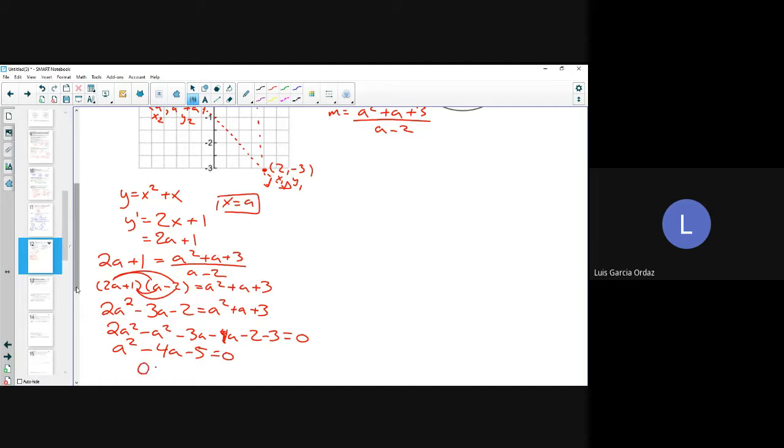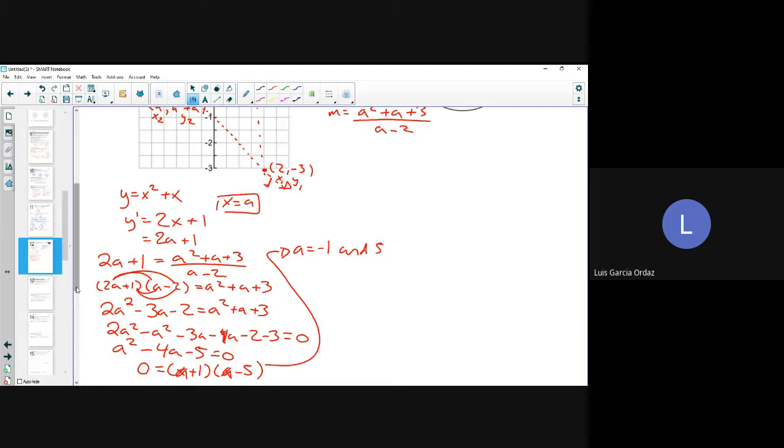So 0 is equal to a plus 1 times a minus 5, which means the possible x values where the tangents hit the curve are at a equal to negative 1 and positive 5.